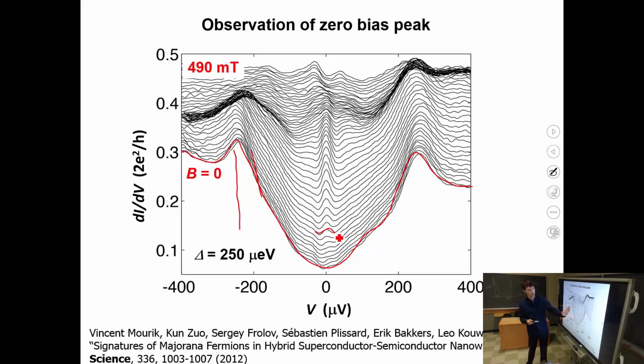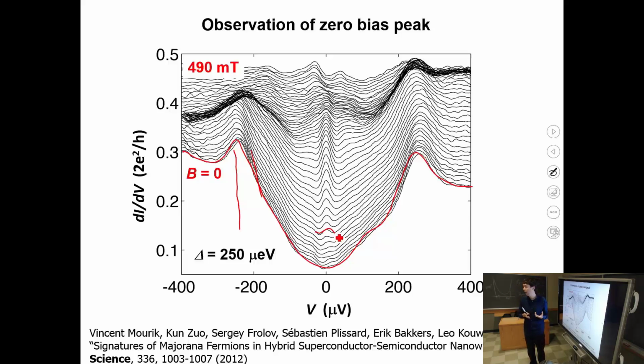So, for example, the fact that it sticks to zero bias is very significant. Remember, I told you that these Majorana states are edge bound states of a topological phase. And they are pinned to zero bias by this particle-hole symmetry and by being on the transition between trivial and topological regions.